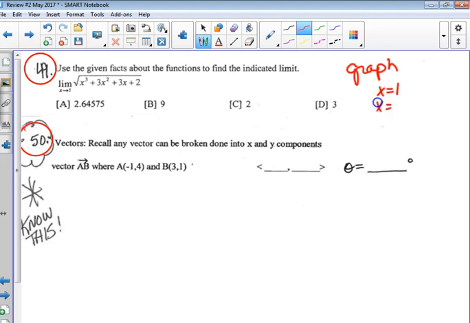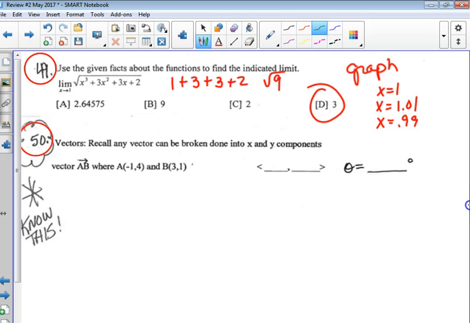I would also check like 1.01 and 0.99 or something, just to make sure it's not discontinuous there. This one does work by direct substitution. Anybody get an answer? 1 plus 3 plus 3 plus 2 is 6, 7, 8, 9. Square root of 9 is 3.